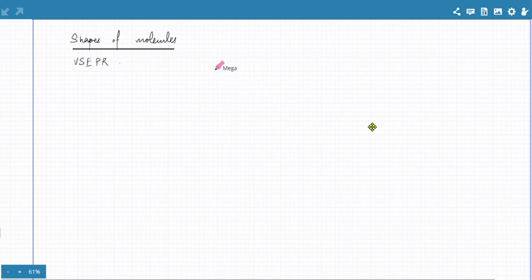Now, what it simply states is that if you have a molecule, like a molecule of BeF2, the electrons in the outermost shell are going to repel each other, which means the electrons over here and the electrons on the other side are going to repel each other.